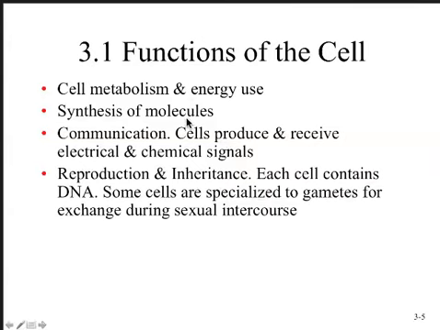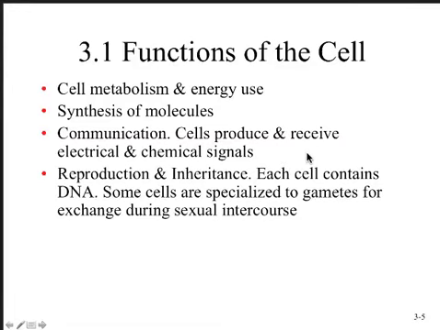It's also involved in anabolic processes, where it builds large molecules up from smaller components so that the cell can use that to perform its function within the context of the human body. It's also important in communication. Cells produce and receive electrical and chemical signals from the outside world.